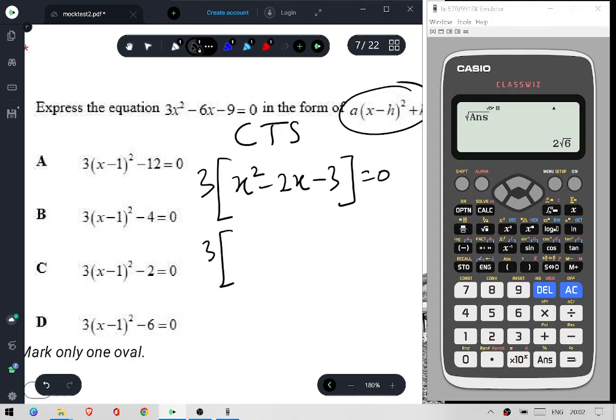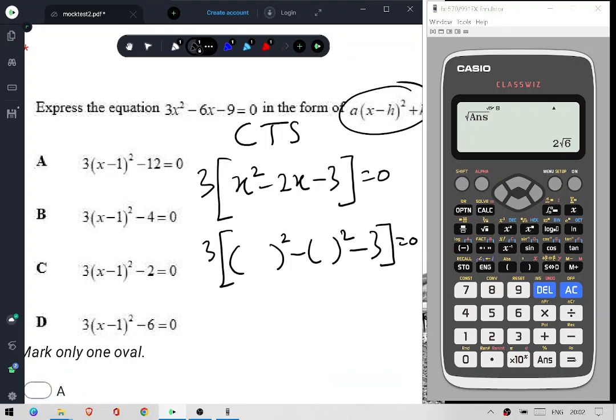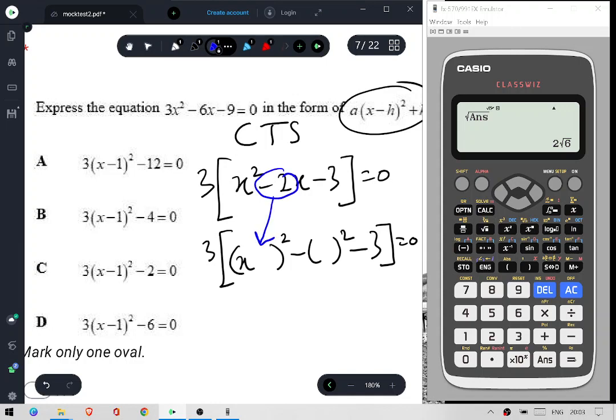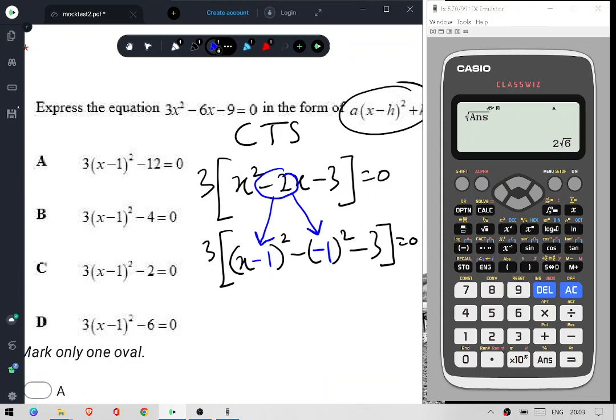So put the 3 back, and then big box minus small box plus c. Will this fit? It's okay. So the big box has x plus b over 2. So this one is divided by 2: b, we halve it. So minus 1 over here, minus 1 over here. When we total them up, we get b back up there.